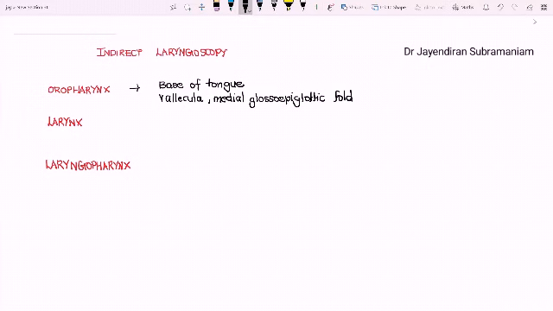Then what are the laryngeal structures we can see with the help of indirect laryngoscopy? The structures are epiglottis, then we can see aryepiglottic fold, which connects epiglottis with arytenoid. So we can see arytenoids.